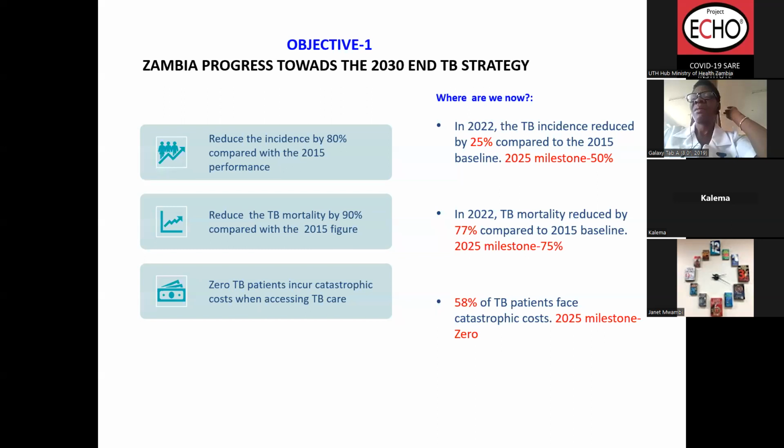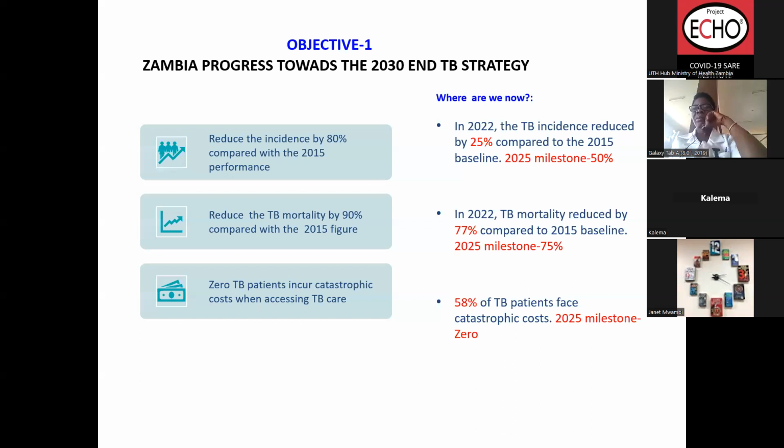So what does it state? When we look at the milestone for ending TB by 2030, which is about 6 years from now, the incidence for TB, with the baseline of 2015, should be reduced by 80%. For mortality, any cause of death related to TB should be reduced by 90%.